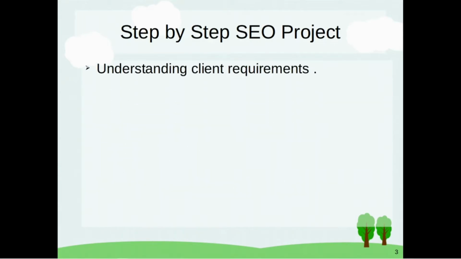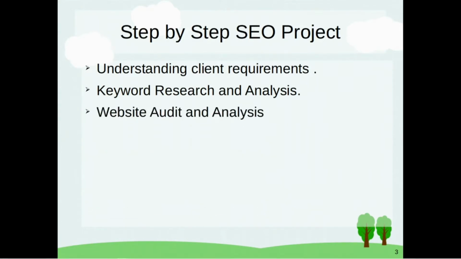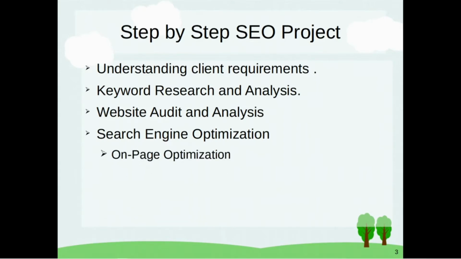First, we will understand the client's requirements. Second, we will do keyword research and analysis. Number 3 is website audit and analysis. And after that, we will start search engine optimization, which includes on-page optimization and off-page optimization. So let's begin.